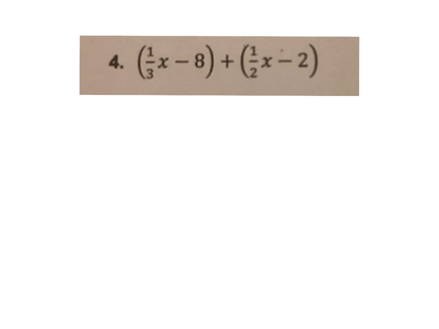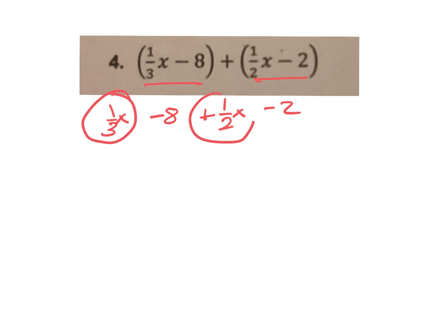All right, now we have a linear expression that we're going to put together. And I know that there's nothing I can do in the parentheses, nothing I can do in the parentheses. So I have 1/3 x minus 8 plus 1/2 x minus 2. So I have 4 terms, and I'm going to put them together. I'm going to put the x's together. 1/3 x plus 1/2 x.